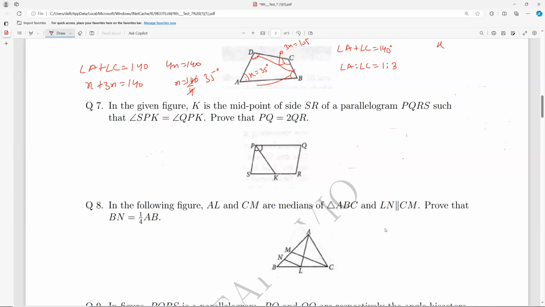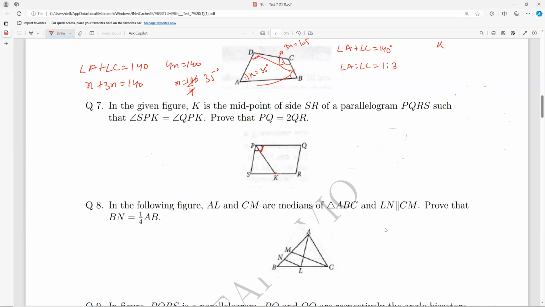Here you know that K is the midpoint of SR of the parallelogram PQRS. And this angle is equal to this angle, it is being given to you. And prove that PQ is equal to 2QR.